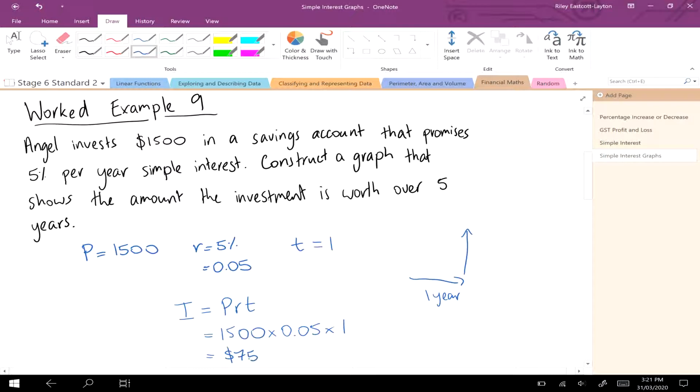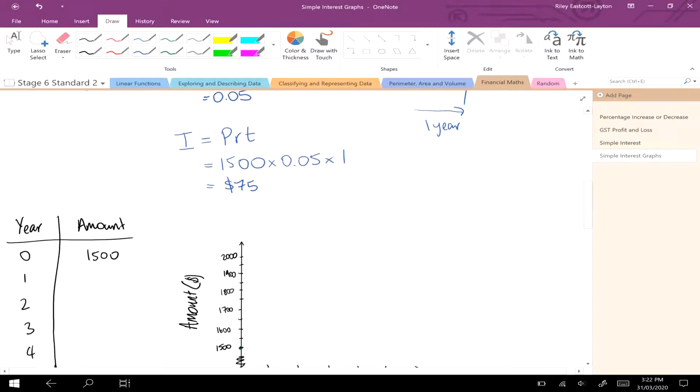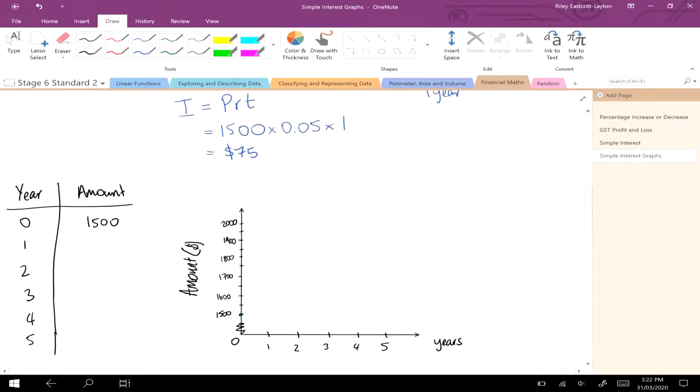So meaning that when we go across each year, or as each year passes, we're going up by $75.